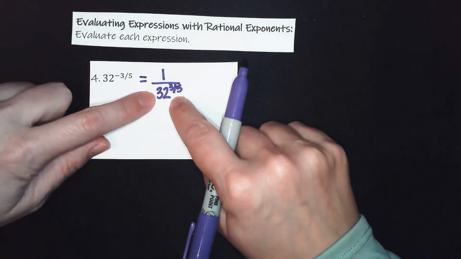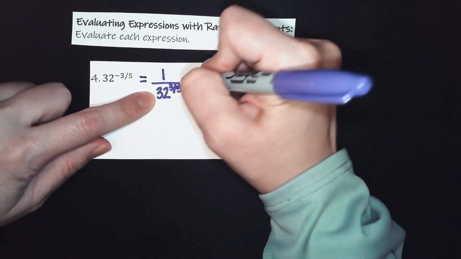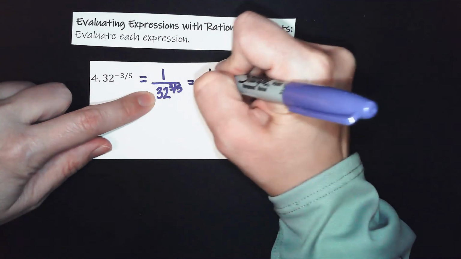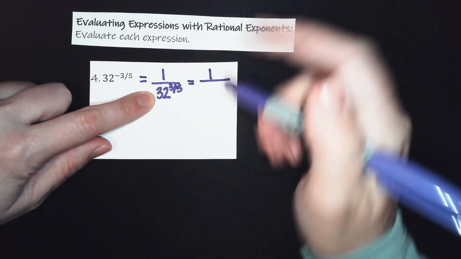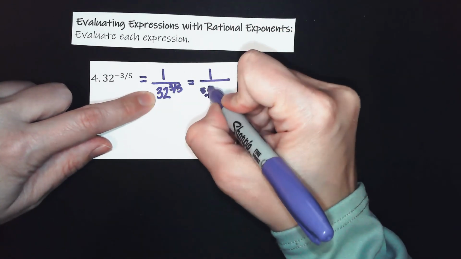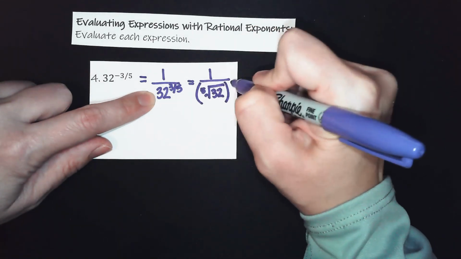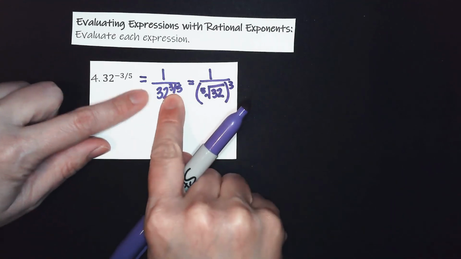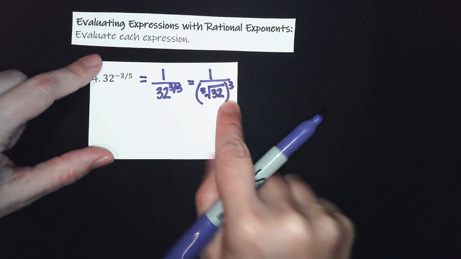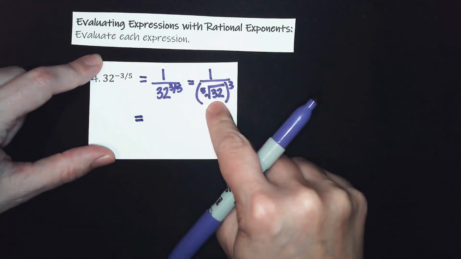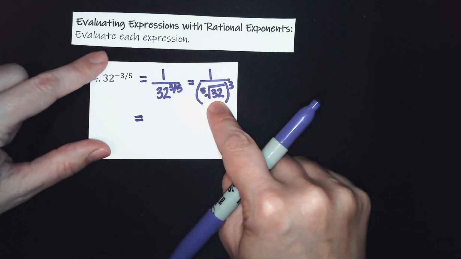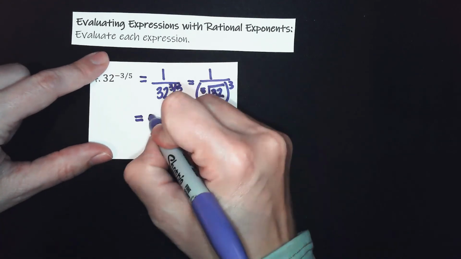And now I need to deal with this. All right, so I'm going to write this as the root first, and it is the 5th root of 32, and this marker is kind of blending, sorry about that. And then it's taken to the 3rd power. The top number is the power. Okay, the 5th root of 32, so what times itself 5 times is 32, and that is 2.